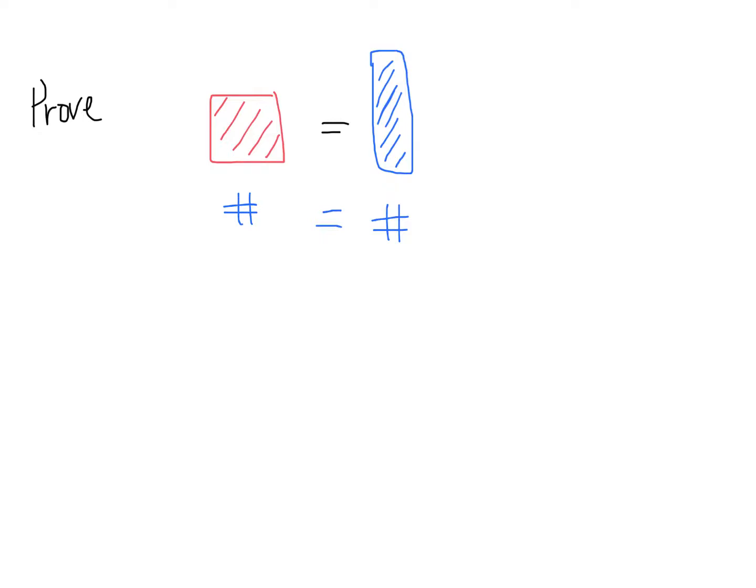If they're not equal, then the areas are not equal. And what we're getting at is that to prove something, you have to show that whatever it is on the left is exactly the same as the thing on the right. Okay, so if I'm asked to prove the areas, this number is the area of this shape, and this number is the area of this shape. I want to show that those two things are equal.